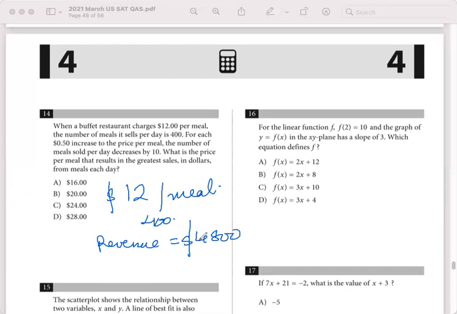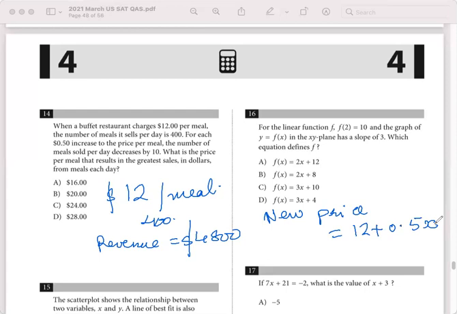Now, let's say it increases the price of the meal by 0.5, right? And it does that x times. So then the new price becomes 12 plus 0.5x, right? Because it's increasing the price of the meal in increments of 0.5.